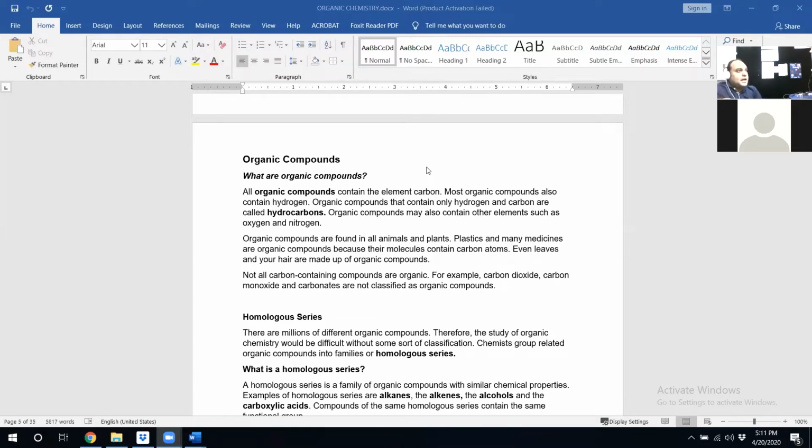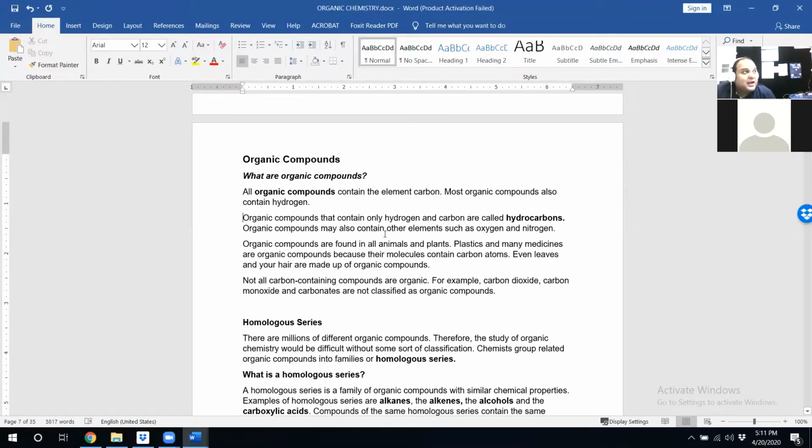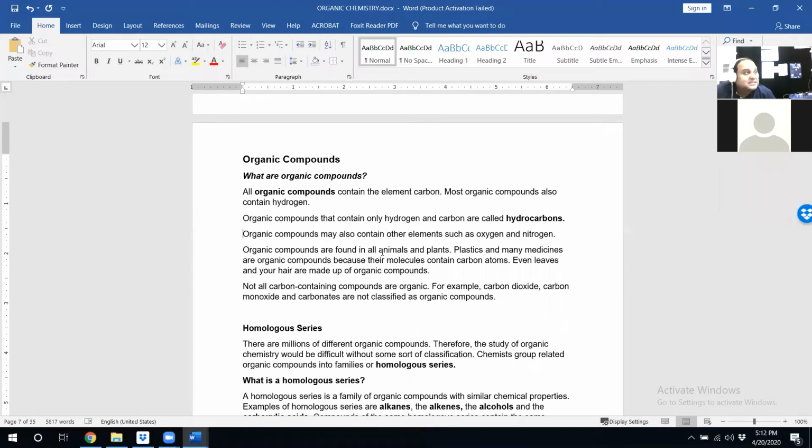Apart from carbon, the second most abundant element is hydrogen. And when a compound contains carbon and hydrogen only, we call it a hydrocarbon. Alkanes, alkenes, these are like families of compounds.